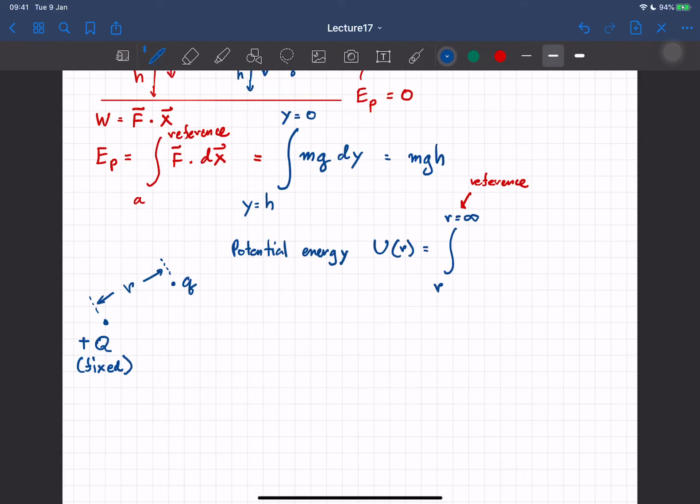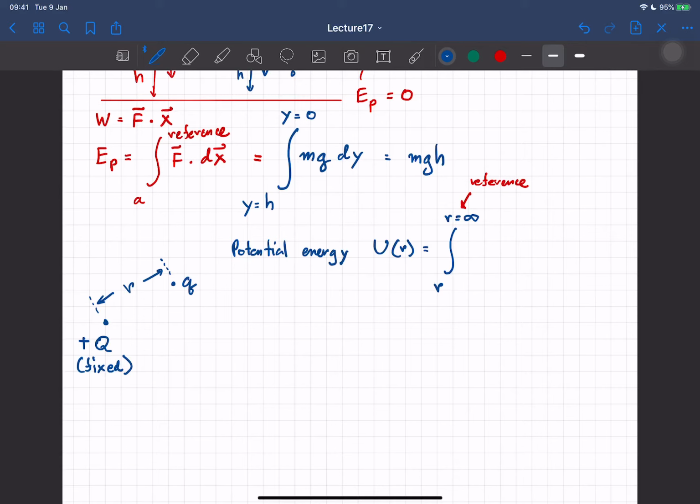Remember, the reference point is the point where we say the potential energy is 0. So in this case, the potential energy is 0 when the two charges, big Q and small q, are infinitely far away from each other. The influence of one charge on the other is very small when they are very far away from each other. So that's what we choose as a reference.